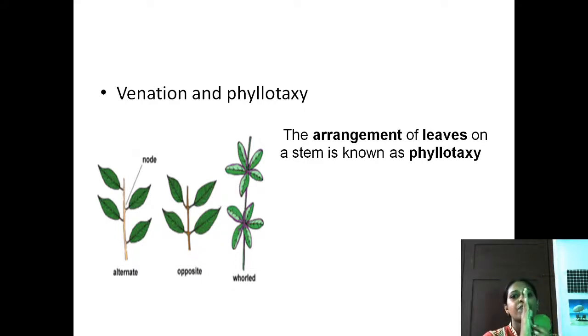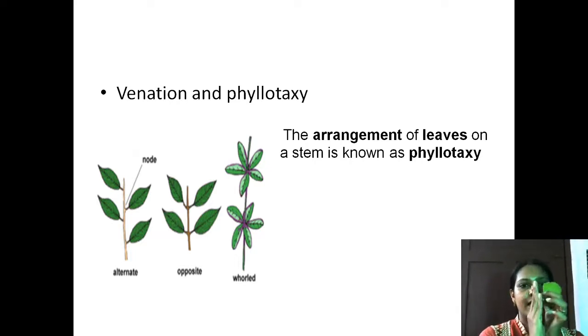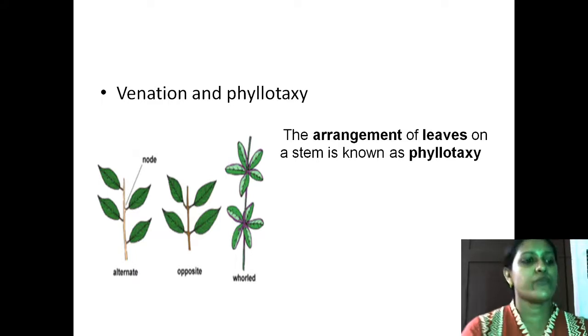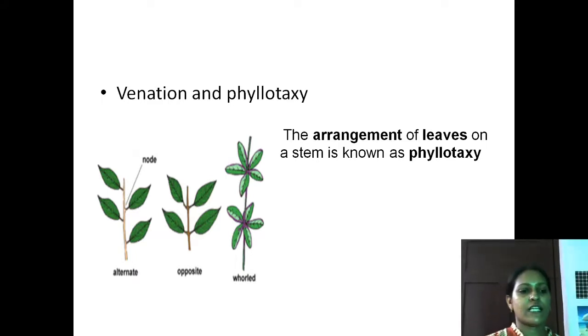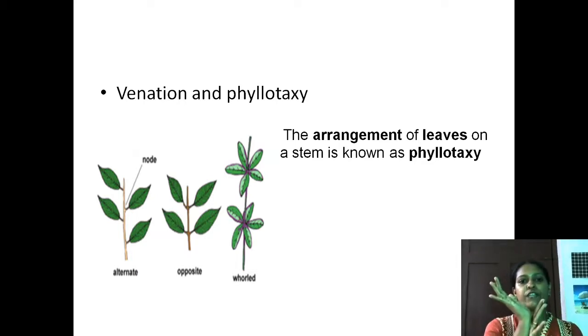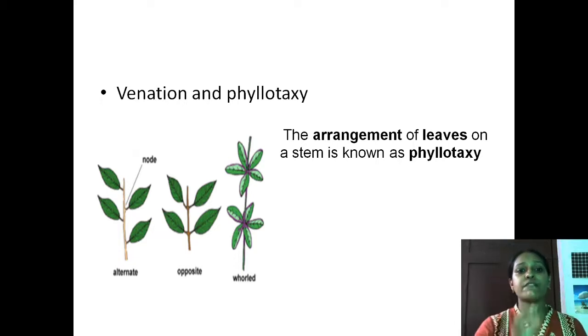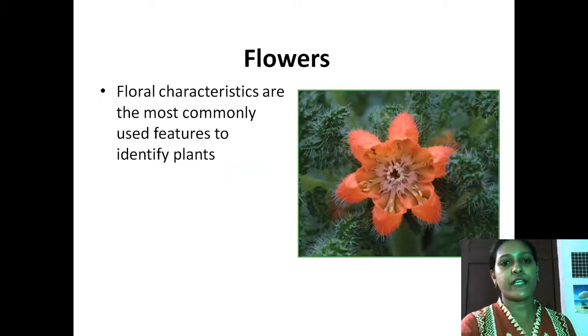And how can you classify phyllotaxy? The leaves can be arranged in opposite fashion, alternate fashion or whorled fashion. Fine. So this is about the arrangement of leaves on the stem.